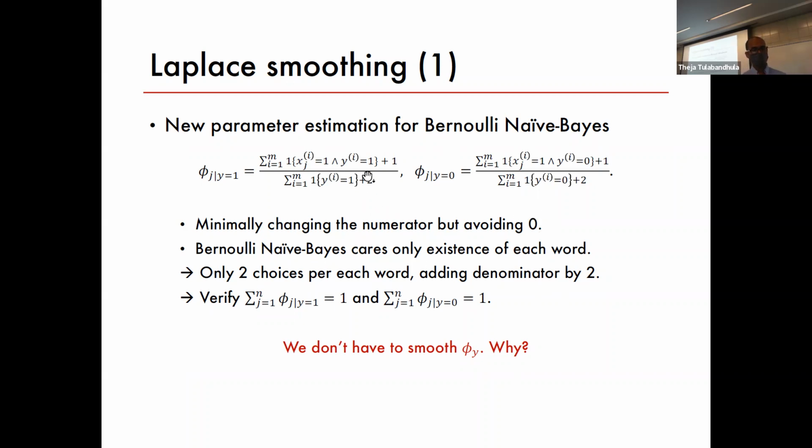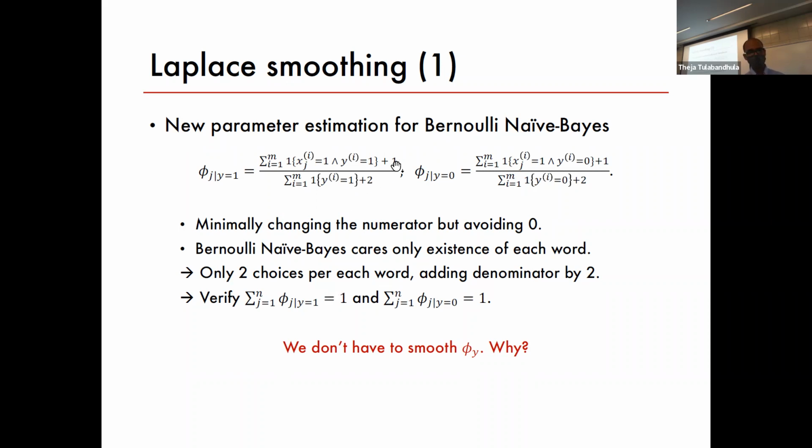And why are the 2 and 1 related? If you're adding 1 here, the 2 is because there are 2 potential outcomes. Sorry, there are 2 potential classes that are possible. So this 2 is just counting the number of classes.